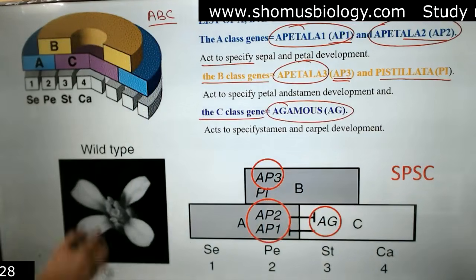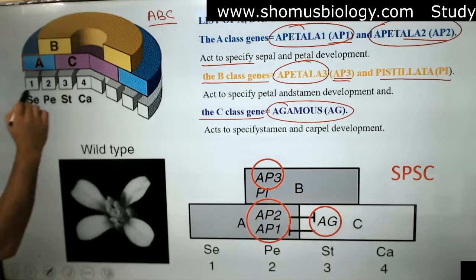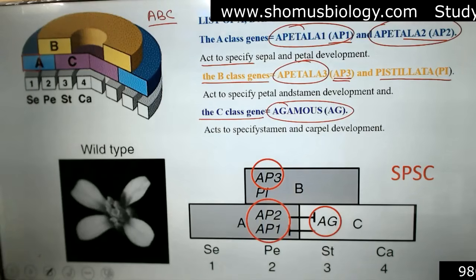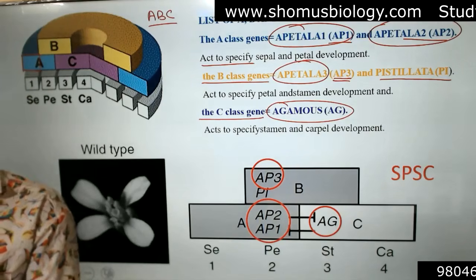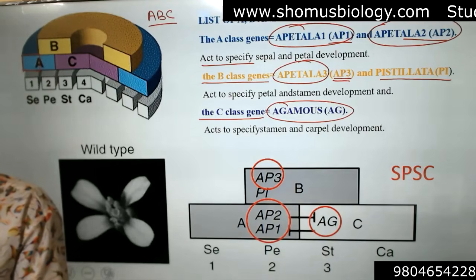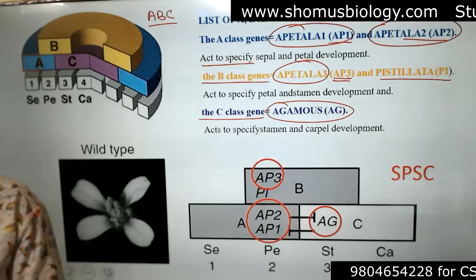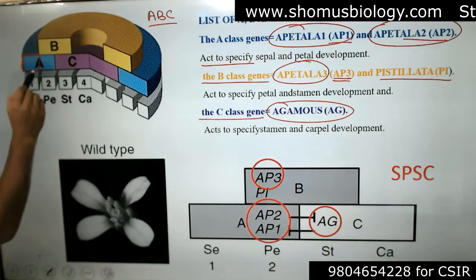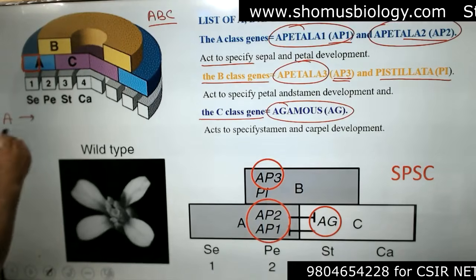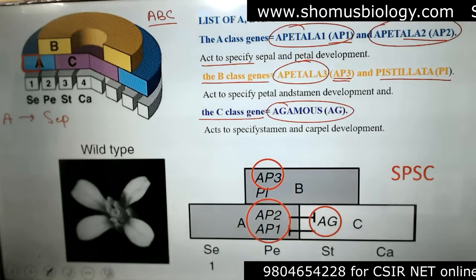Now understand one thing: there are four different whorls during development, and they have different identities depending upon the type of gene expression that they receive. If they receive gene expression from only A, then it will form sepal. Sepal, petal, carpel, stamen, you know that.